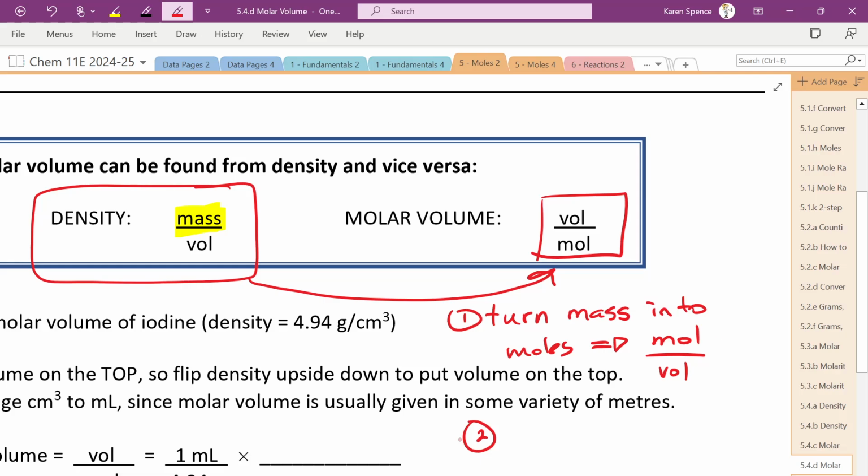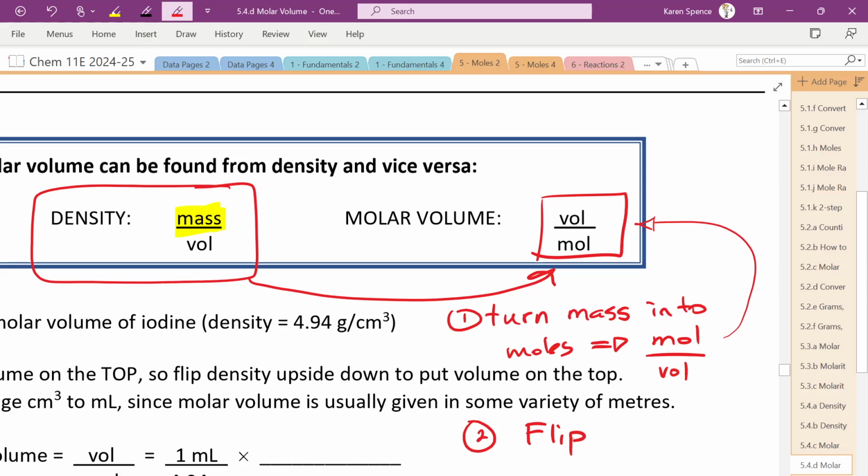How are we going to go from moles over volume to volume over moles? Flip it. Yes?